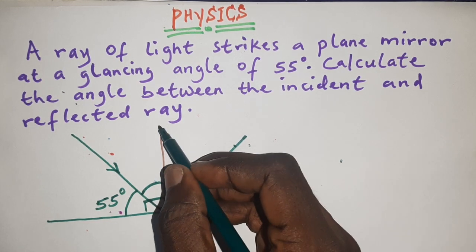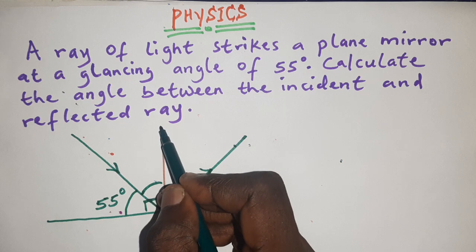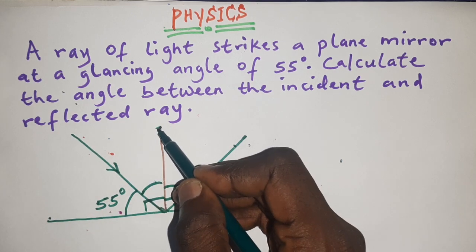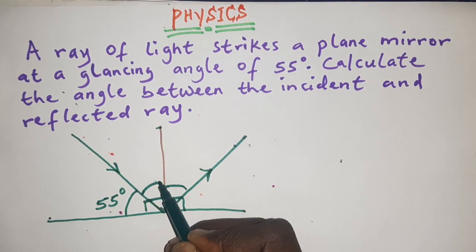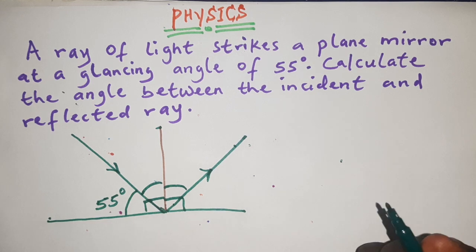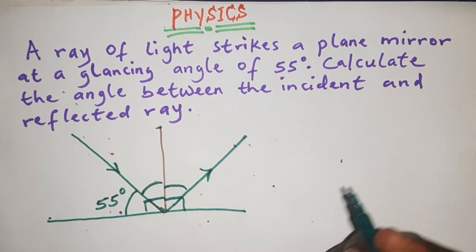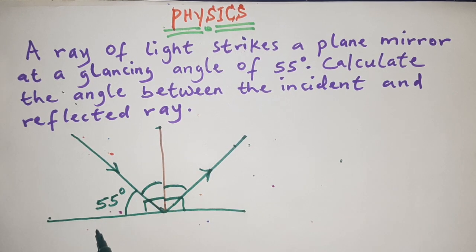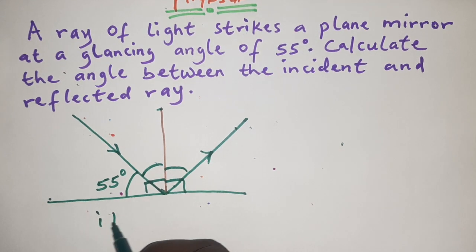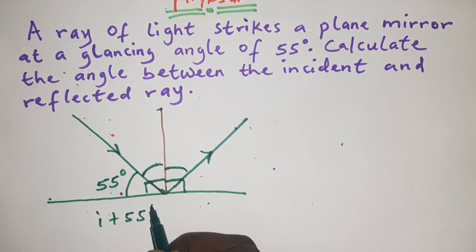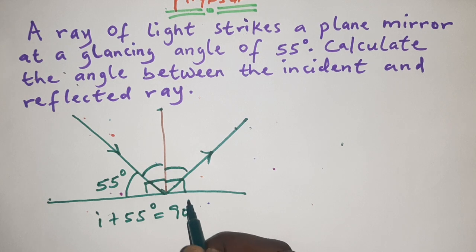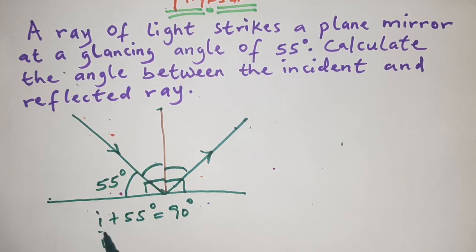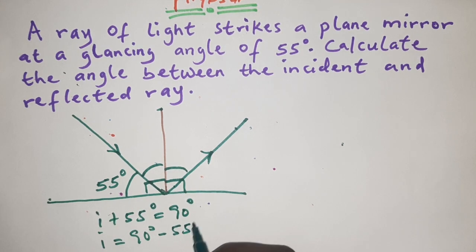And we know that the angle on the left hand side, the angle of incidence and the glancing angle must sum up to 90 degrees. So my angle of incidence, I, plus 55 degrees must give me 90 degrees. So collecting like terms, I will now be equal to 90 degrees minus 55 degrees.